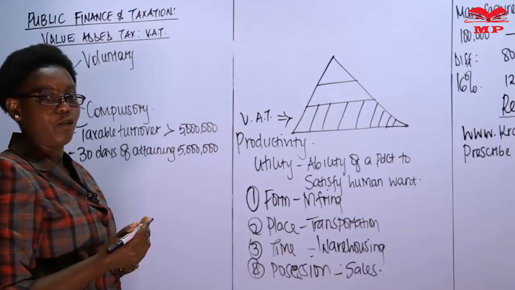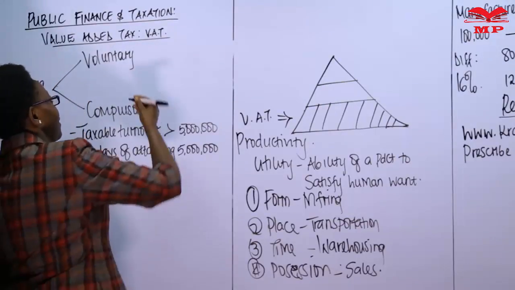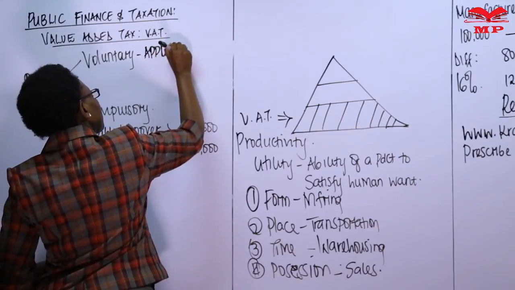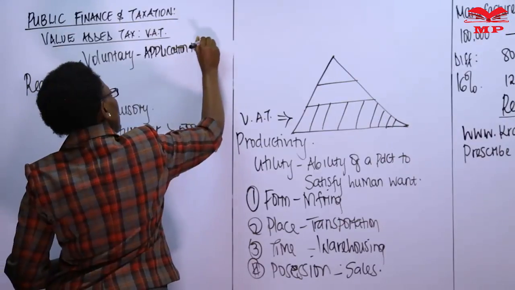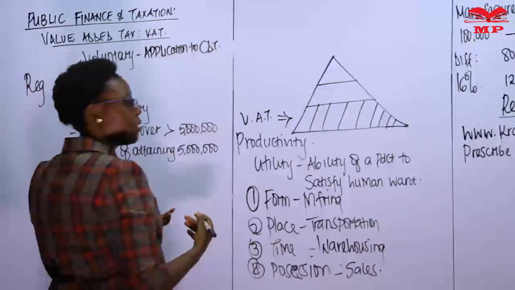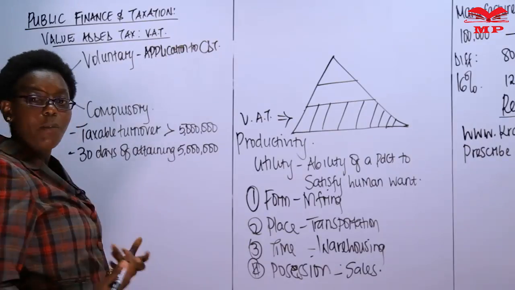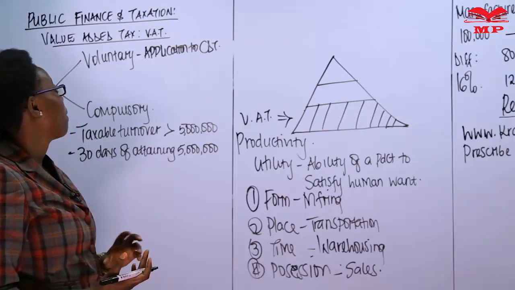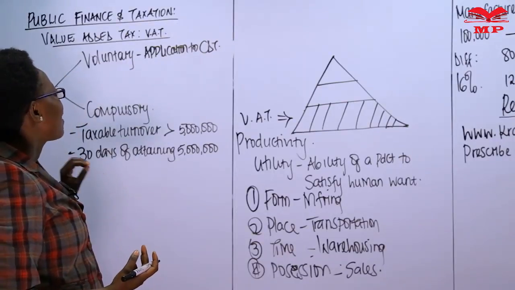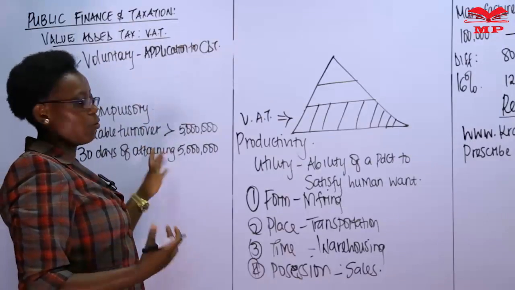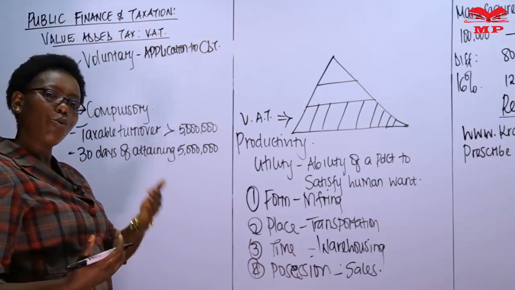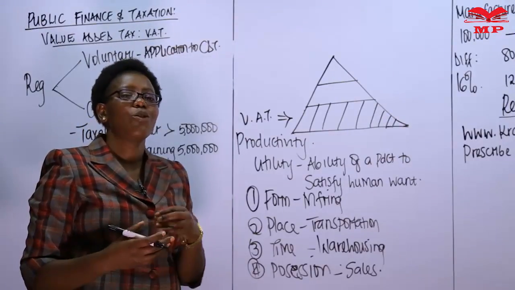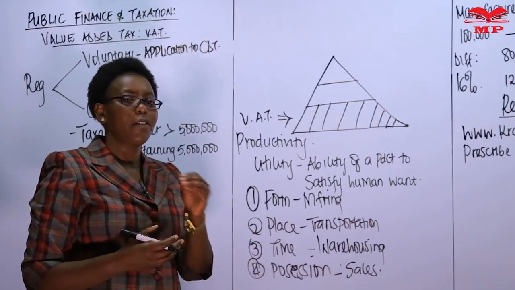So they make an application to the Commissioner of Domestic Taxes or Domestic Taxes Department, and you explain the reasons why you feel that you need to be included in VAT as a business. And then after that, the commissioner, upon receiving whichever type of application, is going to go through that application. And once they're done and they're satisfied that you ought to be registered, you will be registered.